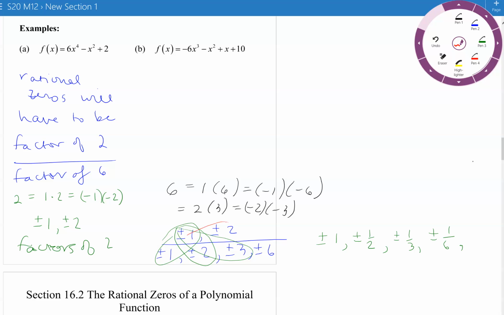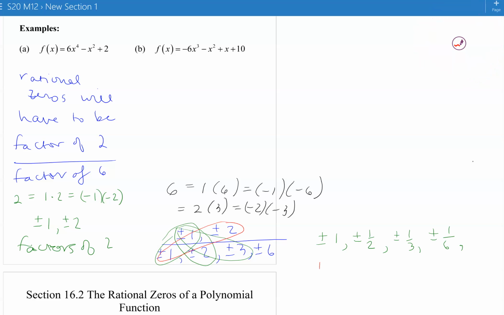Then if I put 2 over 1, I'm going to get plus or minus 2. But see how 2 over 2 doesn't give me anything new. But 2 over 3 gives me another pair of possible rational zeros. But then 2 over 6, I already have that.